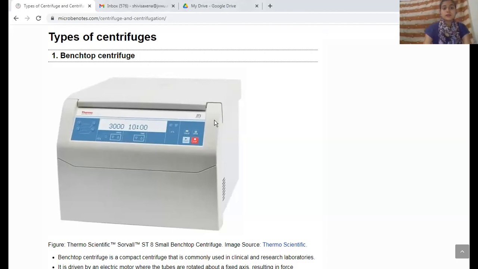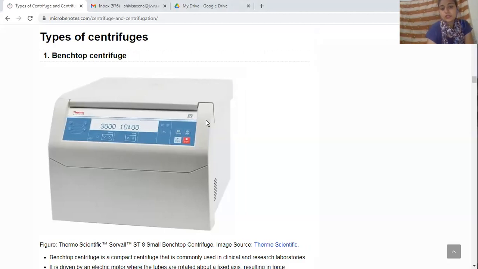Okay, so a benchtop centrifuge is a compact centrifuge that is commonly used in clinical and research laboratories. It is driven by an electric motor where the tubes are rotated about a fixed axis, resulting in force perpendicular to the tubes.